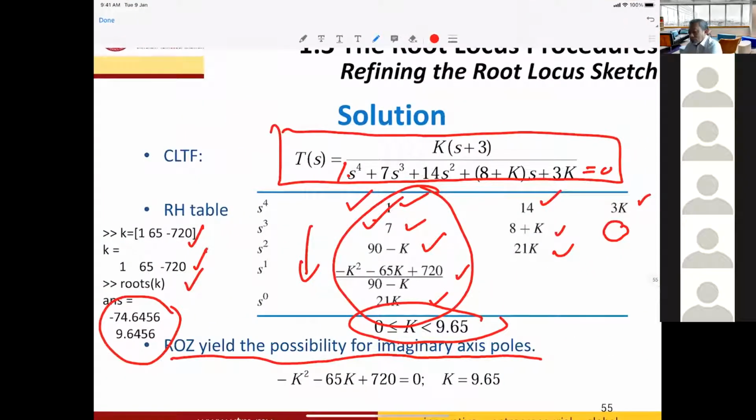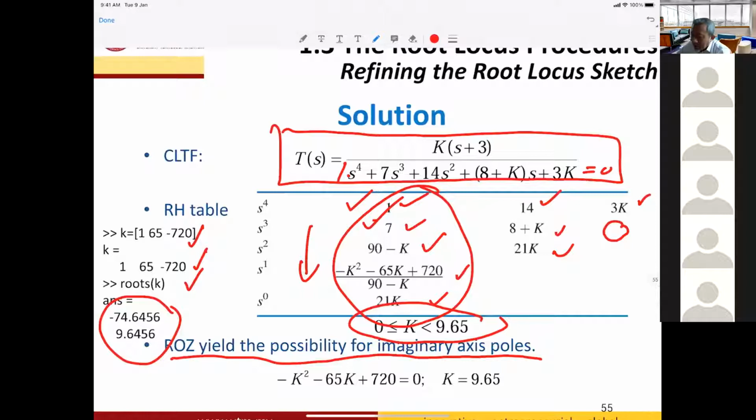Doctor, sorry for the interruption. Can I ask why in column 1 the S0 is not used, but we use the S1? I don't understand. In column 1 there is still the S0, the 21K. I'm not sure why we need to choose the minus K square minus 65K expression other than the 21K.